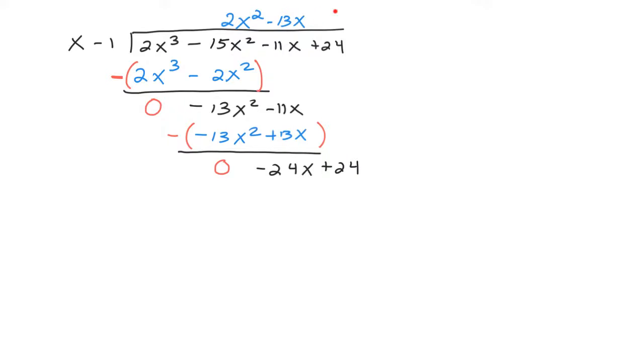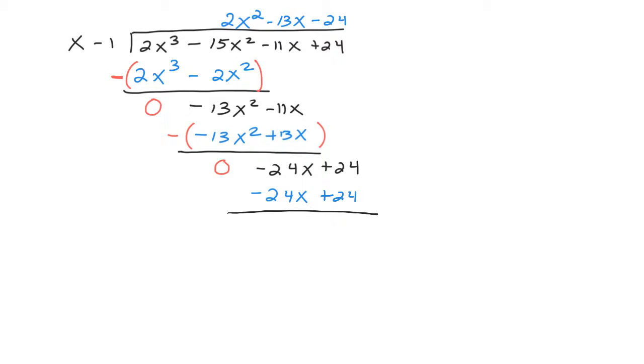I want to think of something that goes here, so I cancel a negative 24x. All right. So for this, I think negative 24 is going to work perfectly. I get negative 24 times x, so that is negative 24x. I then get negative 24 times negative 1, which is a positive 24.